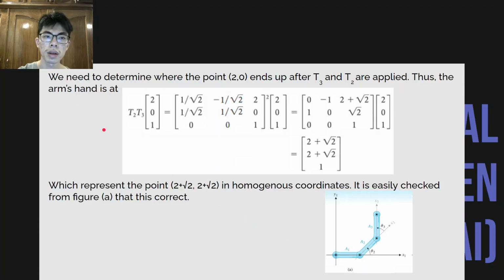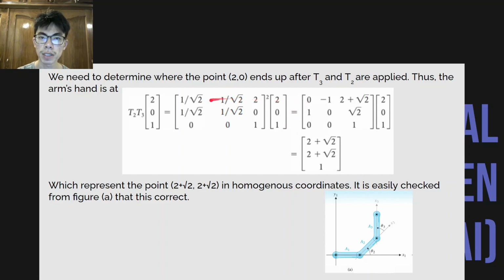Now we need to determine where the point (2, 0) ends up after T3 and T2 have been applied. Thus the arm is in T2 times T3 times the vector (2, 0, 1). The matrix is 1 over root 2, minus 1 over root 2, 2; 1 over root 2, 1 over root 2, 0; 0, 0, 1, squared, and then the vector (2, 0, 1).